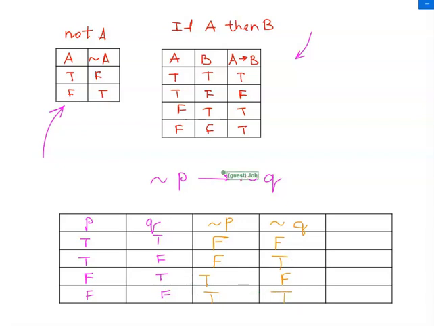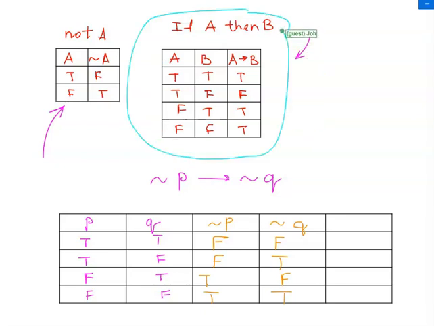All right. Now we're going to use this table here because this is the if-then table, and this is the symbol, the arrow pointing from A to B. So if A, then B. What's A?